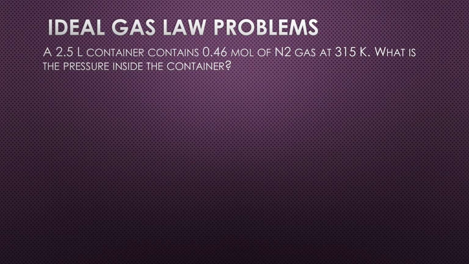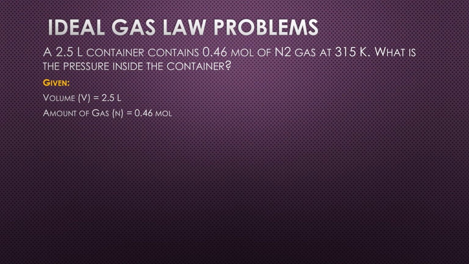Just like with any problem in chemistry, the first thing we want to do is write down what's given. We are given the volume of this gas, which is 2.5 liters. Liter is exactly the unit that we want, so we'll leave it like that. The amount of gas is given as 0.46 moles.